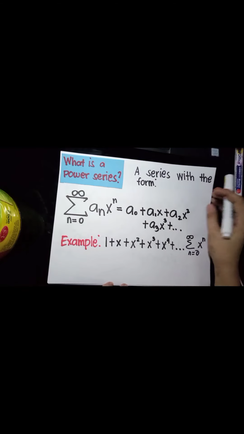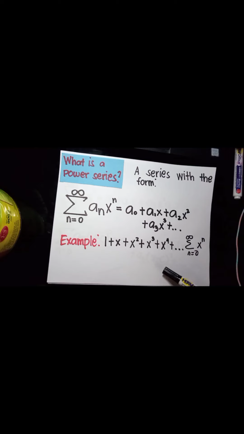Here is an example of a basic looking power series: 1 plus x plus x squared plus x cubed plus x to the 4th power, and so on. All of the coefficients are the same in this case.